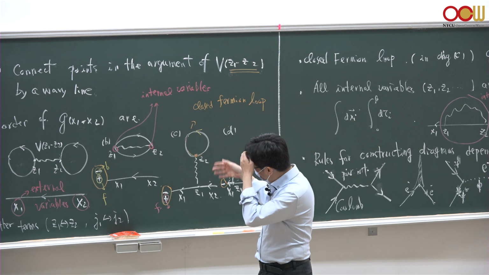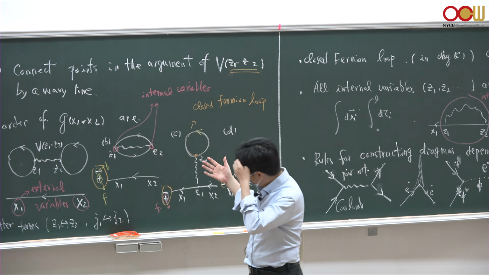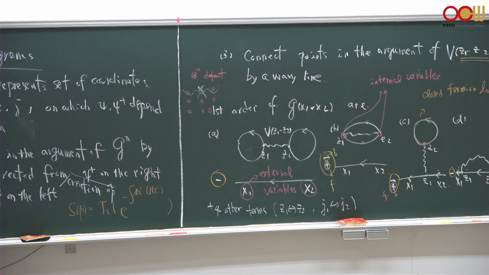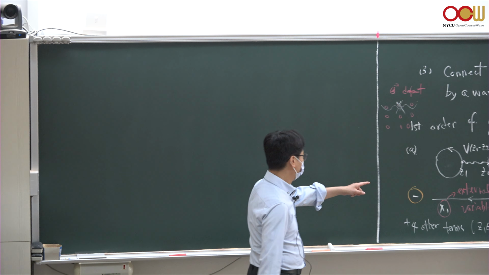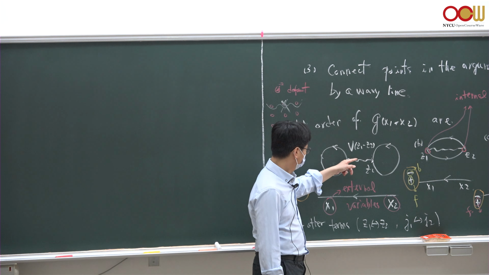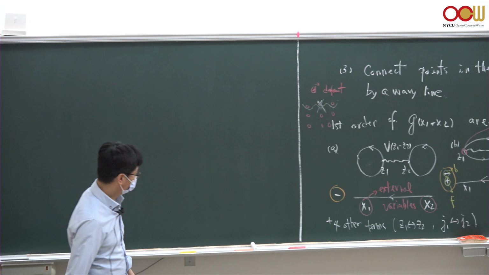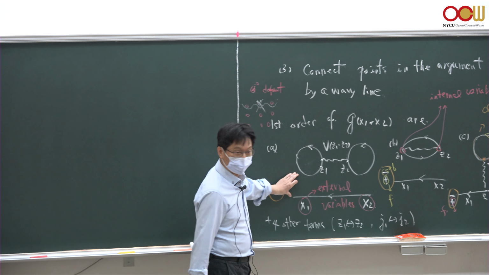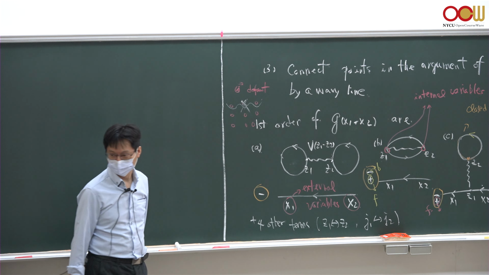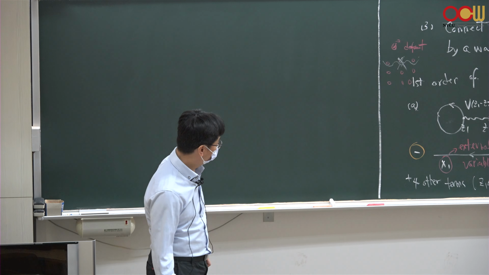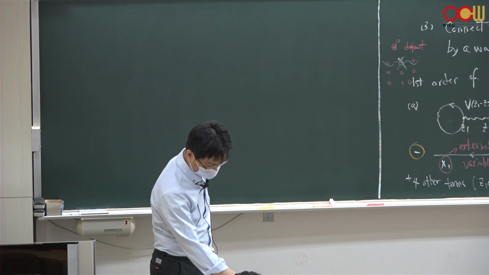Once in your lifetime, you need to really trace back these diagrams and their corresponding terms in the perturbed expansion. You need to write down the operator form of these diagrams and really understand why this is a loop, why there is a wavy line, why they are separated, and so on. But we will get to that later.